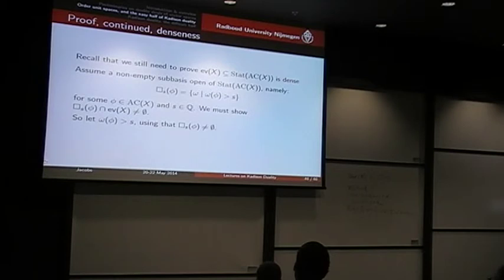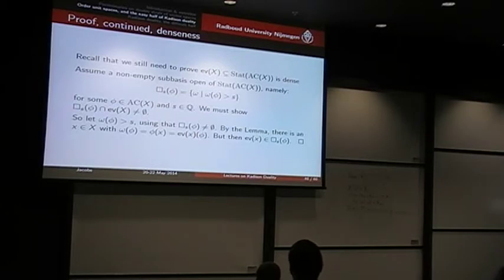We know that this open set is non-empty, so there is a state, an omega, for which omega of phi is bigger than s. Now I have an omega and a phi, and my previous lemma says then that there must be an element x, such that omega phi is phi of x, which is the evaluation of x and phi. But because omega phi is bigger than s, that means that the evaluation of x is in this open set, hence the intersection of these two is non-empty.